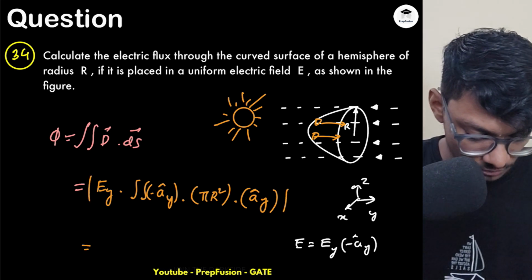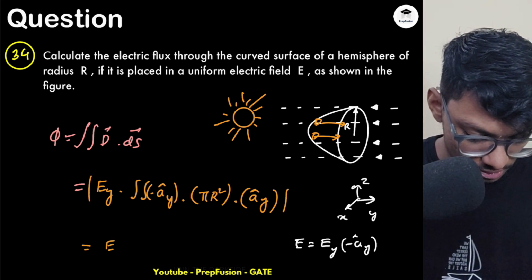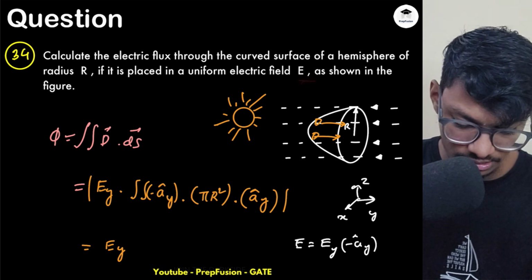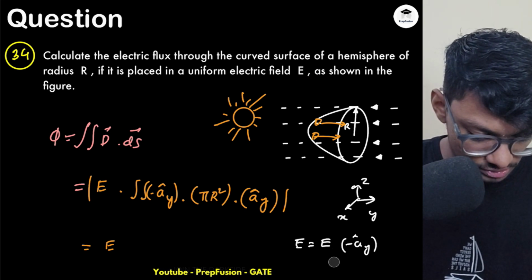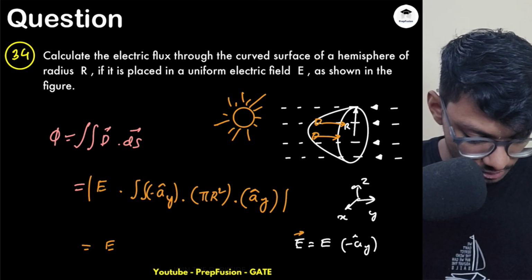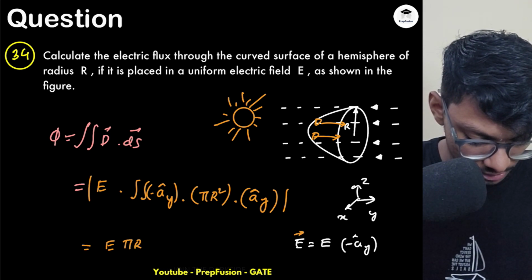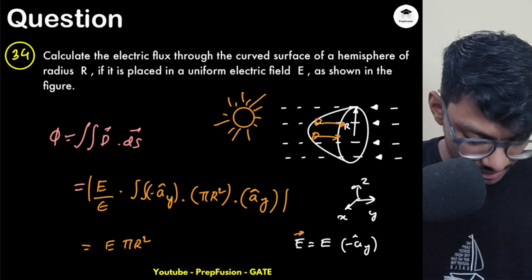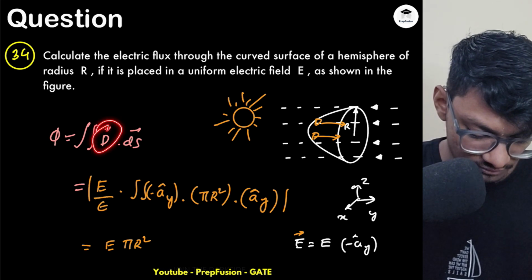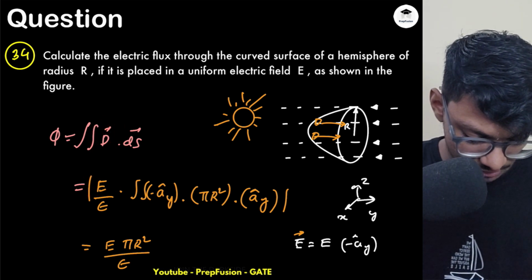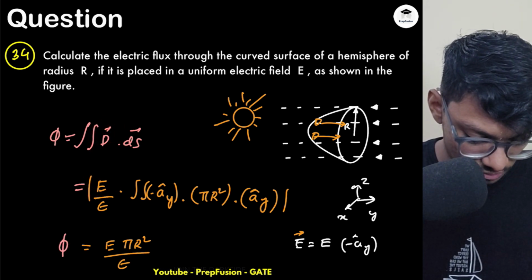It will be E, or here they have mentioned E, so I will write E into pi r square. Obviously I have to divide by epsilon as well, because this is electric flux density and electric field intensity. This will be my flux passing through the surface.